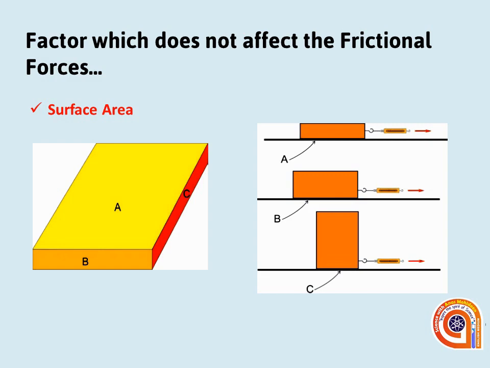When the object just begins to move in all three instances, the force acting on the object is equal in all three. That shows that the force applied is the same, and on the other side, the friction is also the same. Accordingly, we can say that the factor which does not affect the frictional forces is the surface area.